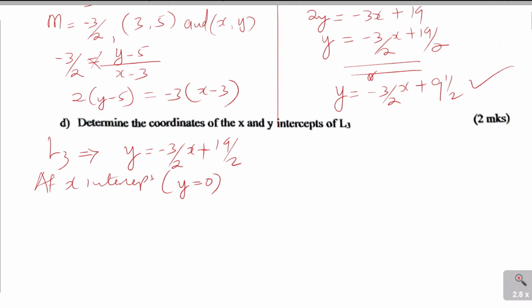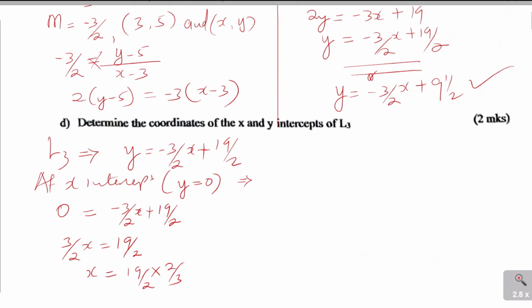So simply substitute y with 0 in that equation of line 3, and you will get 0 is equal to negative 3 over 2 x plus 19 over 2, which will give 3 over 2 x is equal to 19 over 2. So x is equal to 19 over 2 times 2/3. And this gives x as 19 over 3, or you can leave this one as 6 and a third. So that is the x-intercept.